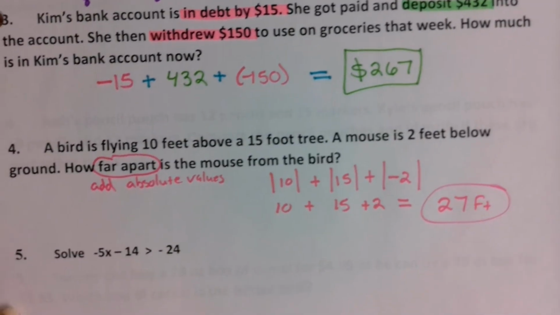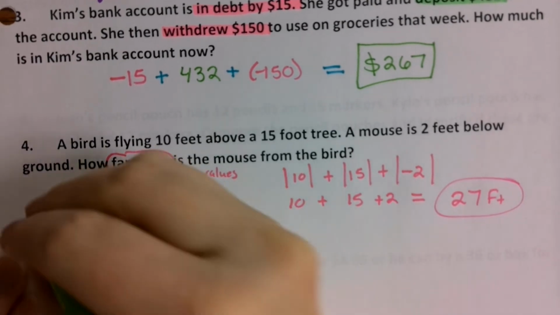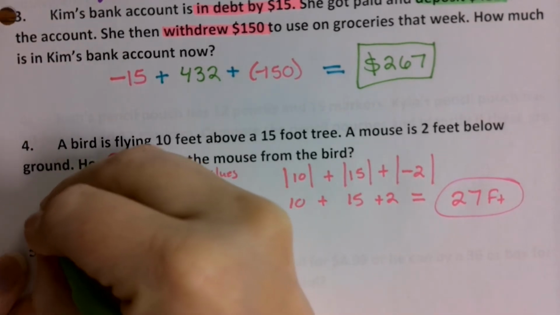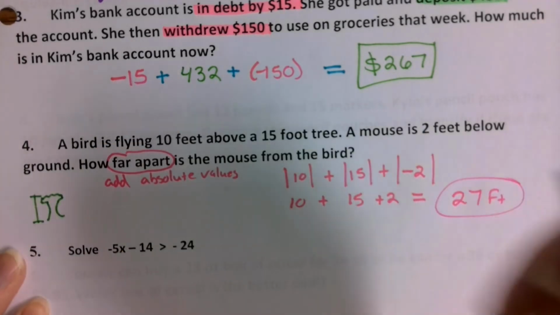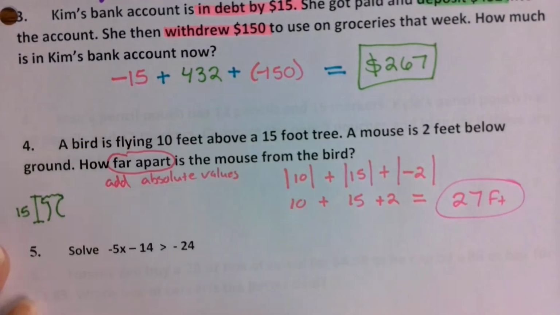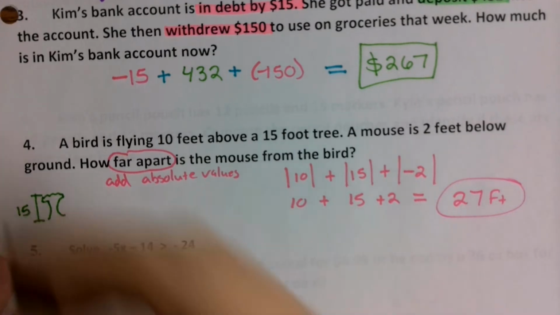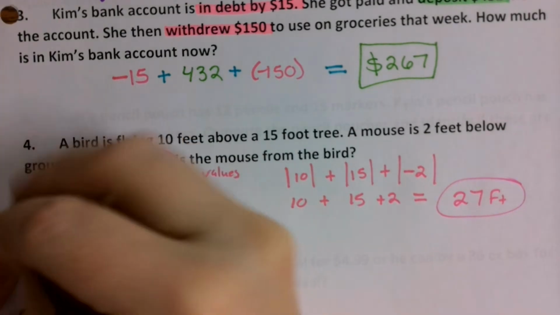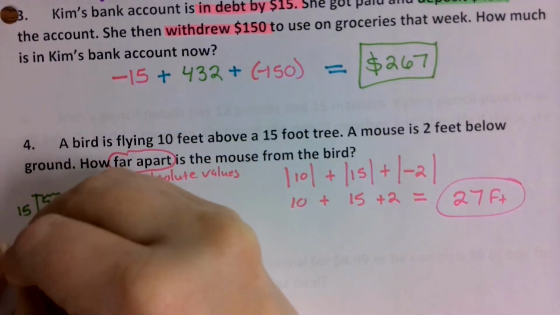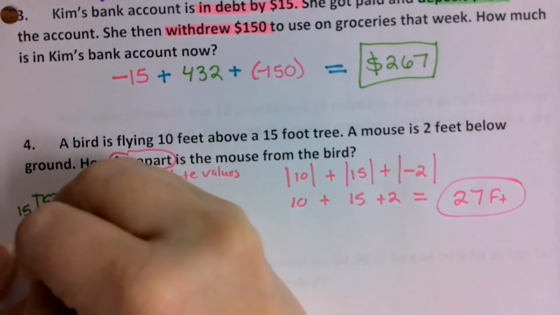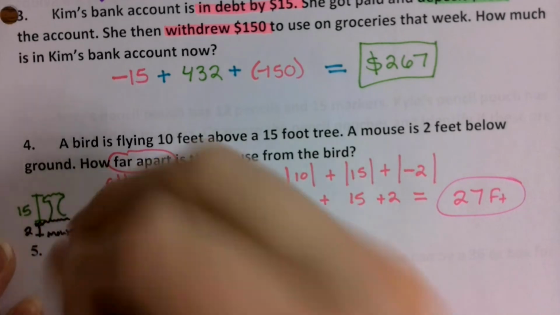If you need to see it as a diagram, you got your tree. The height of your tree happens to be 15 feet. Then you've got your ground level. Below the ground, that's 2 feet below the ground, is your mouse.